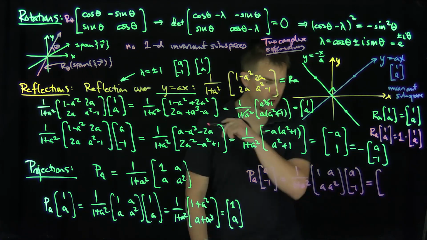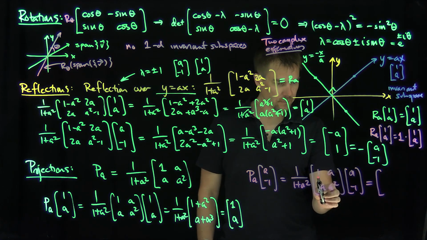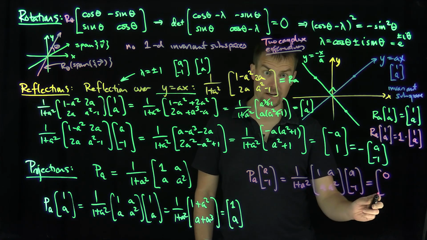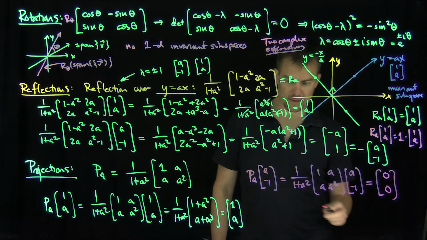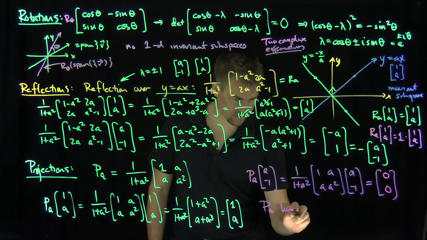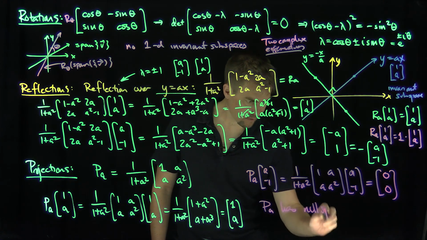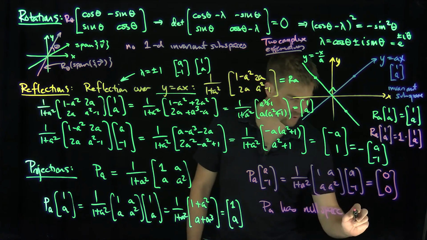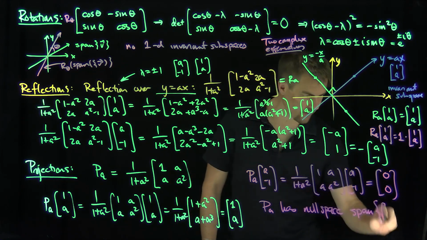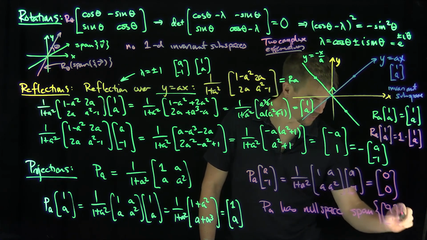What we're going to see over here is that I'm going to have an a minus a, that's going to give me a 0, and then a squared minus a squared, that gives me a 0. And so that says that P has null space, which is the span of what vector? The span of the vector a negative 1 is a one-dimensional span.